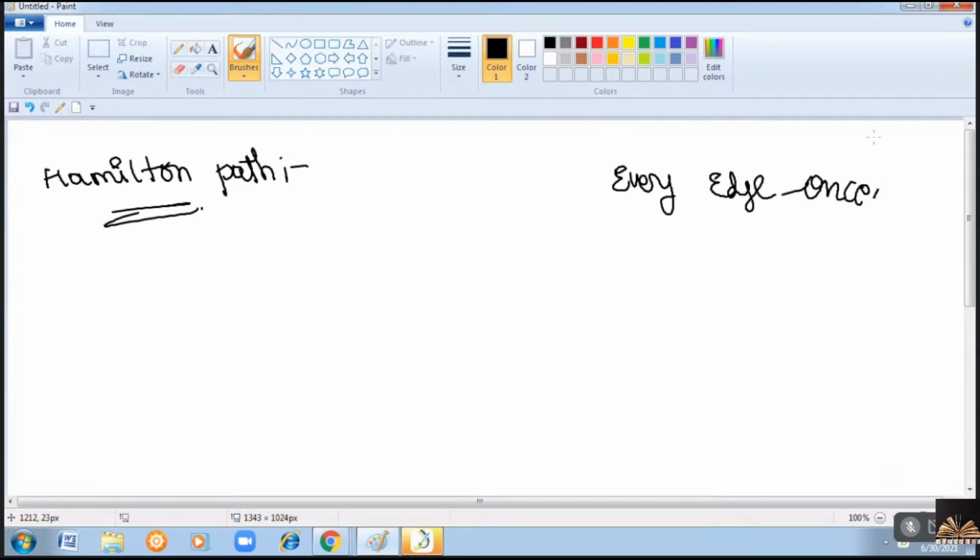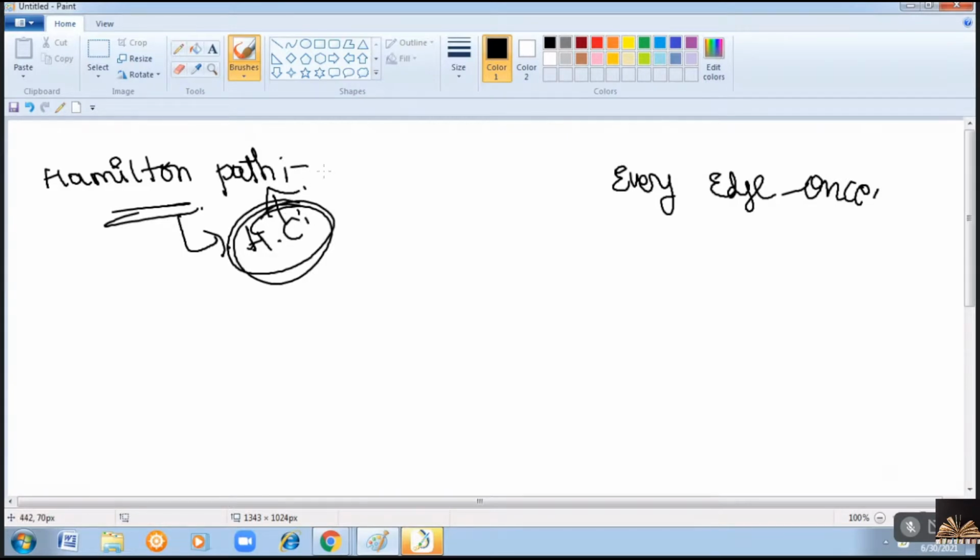But for the Hamilton graph, you consider the vertices. A graph is said to be a Hamilton graph if there exists a Hamilton circuit or Hamilton path.